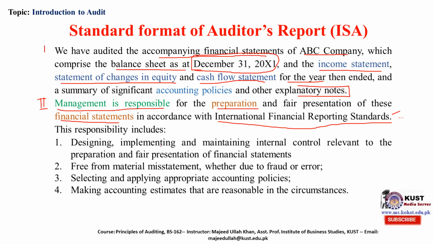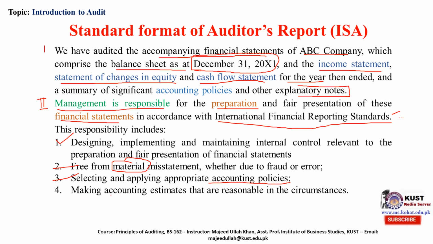So what are the responsibilities of the management? Designing, implementing and maintaining internal controls relevant to the preparation and fair presentation of financial statements free from material misstatement, not a minor one, whether due to fraud or error. Selecting and applying appropriate accounting policies is also the responsibility of the management.